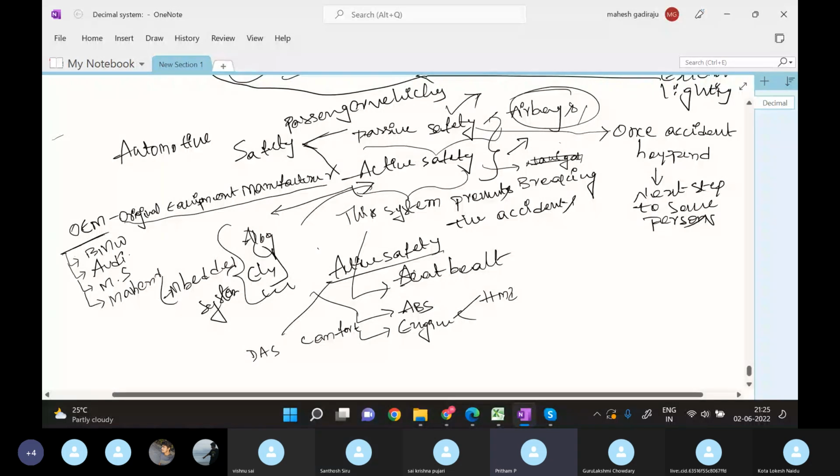Bosch is not an OEM, yes. I will tell you what is the difference. Passenger vehicles you can tell me, not two-wheelers. Toyota, JLR, Jaguar and Land Rover.